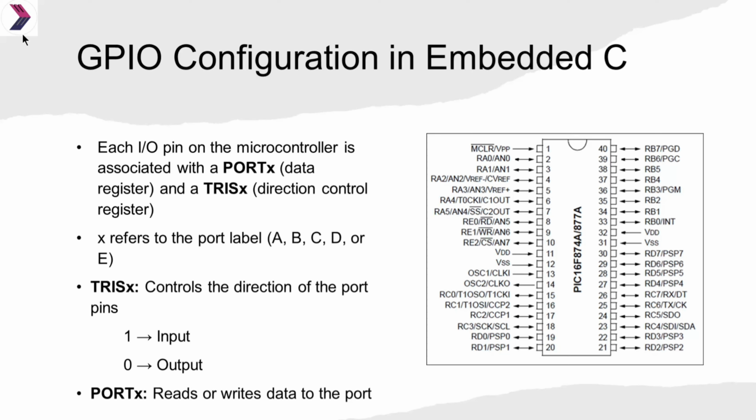PORT is used as the data register, and TRIS is used as the direction control register. So in the TRIS register, which controls the direction of the port pins, if we set it as 1, then it is represented as input, and if we set it as 0, then it is represented as output of the pin.